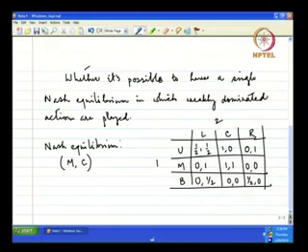If he plays L, he gets again 1. If he plays R, he gets 0. So, he cannot be better off. We can check other pairs of actions, and we shall see that in each of the other pairs, the actions are such that they do not constitute a Nash equilibrium. So, this is the unique Nash equilibrium.